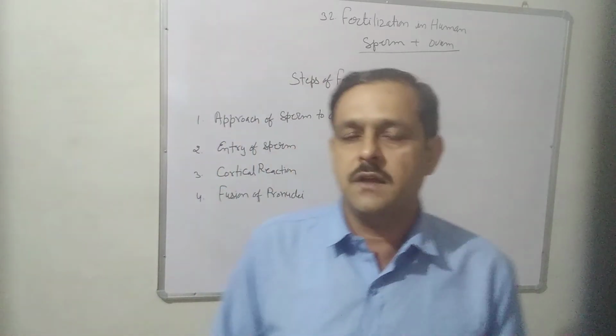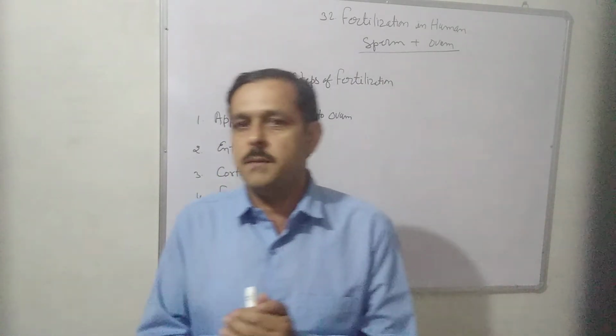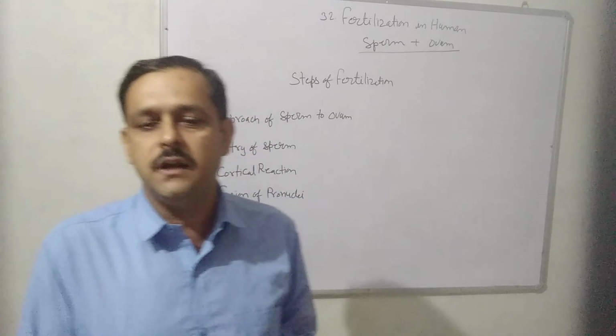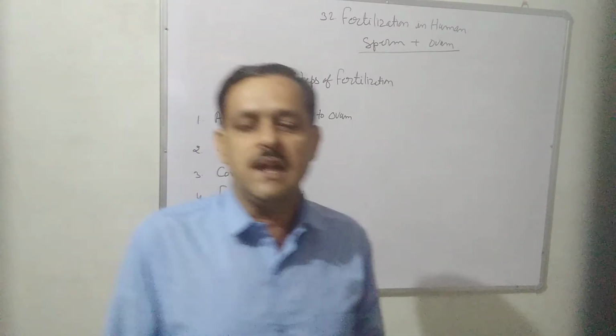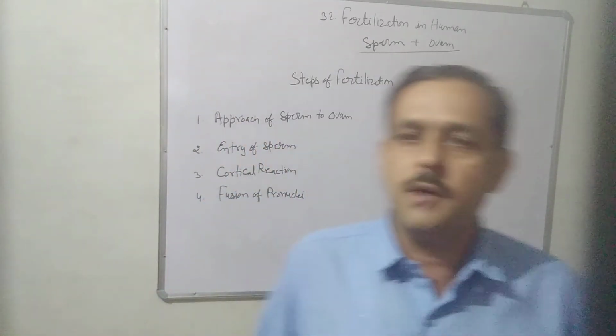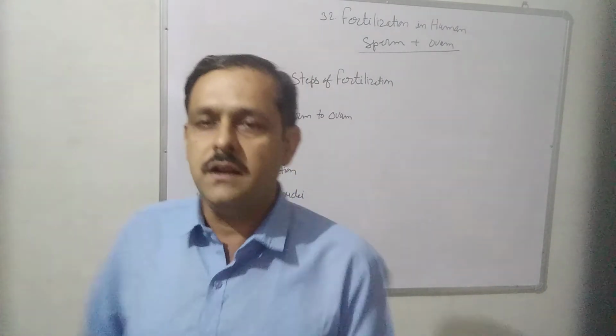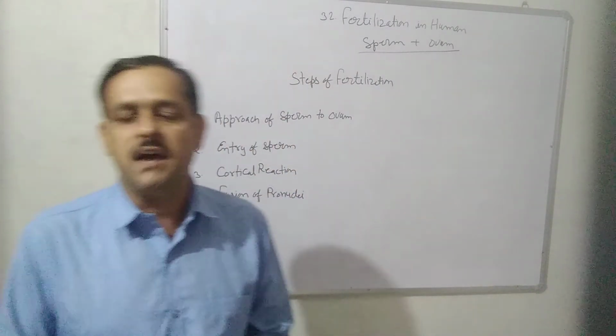Whenever the male and female gametes fuse in the body of the female, it is called internal fertilization. Examples of external fertilization are frog, fishes and echinoderms, like starfish.